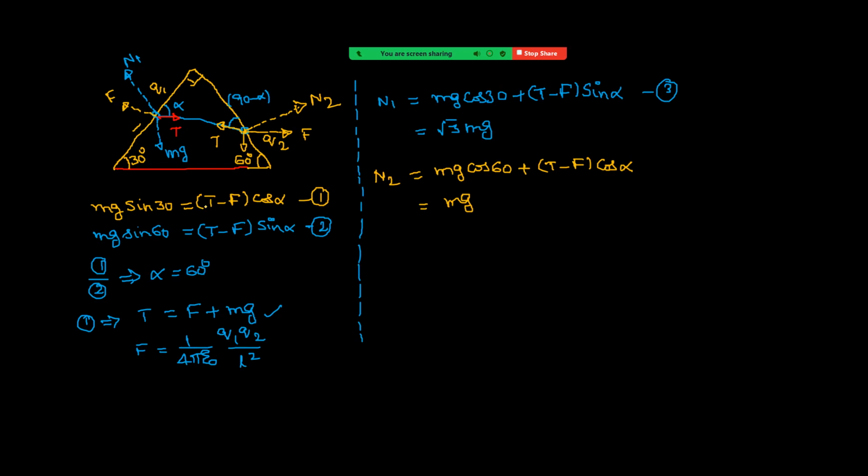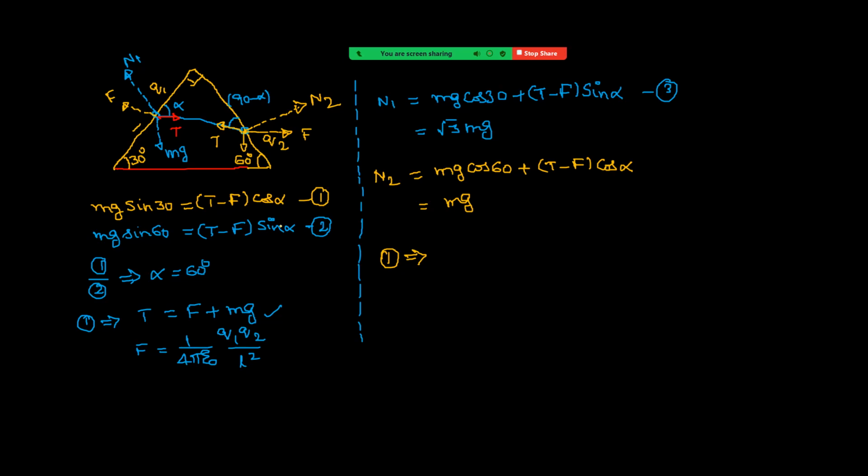If you take either equation 1 or equation 2, I'm taking equation 1. From equation 1, see where the change comes. When the string is cut, tension becomes zero. Therefore, mg sin 30 equal to minus f into cos 60. So cos 60 is 1 by 2, and this is sin 30, 1 by 2. That's cancelled.